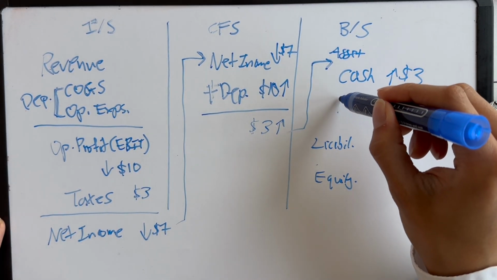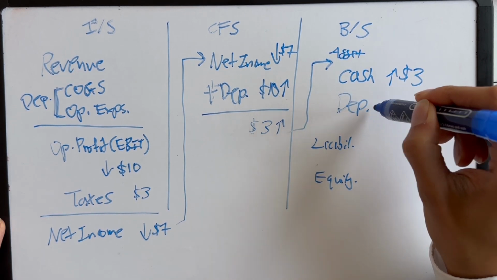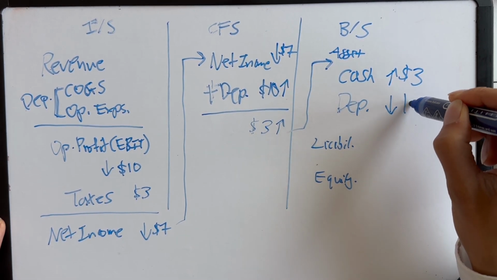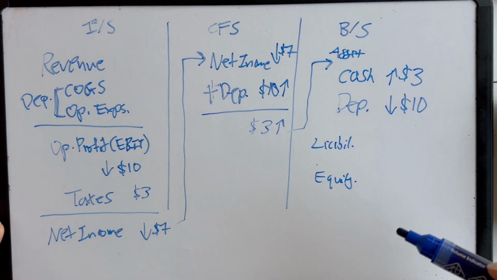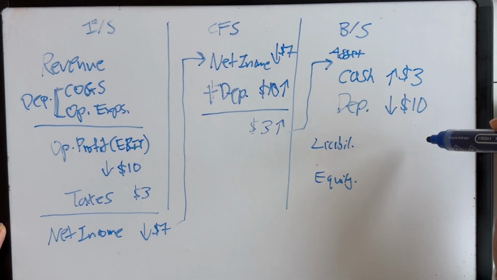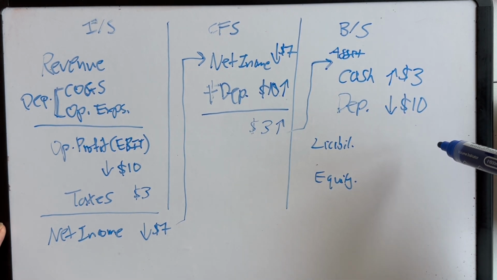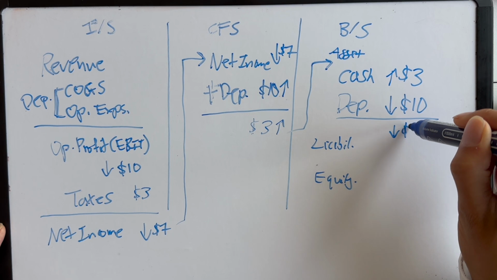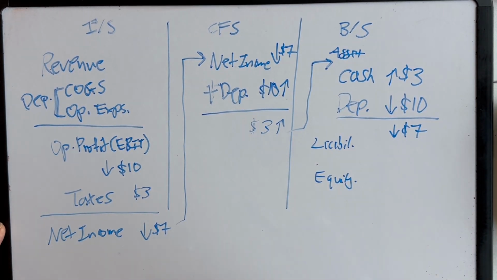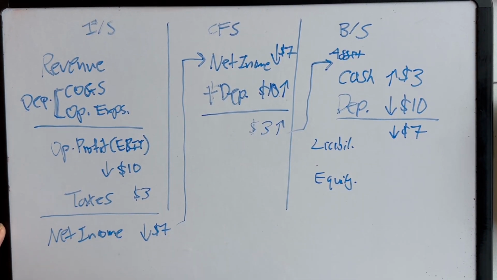So on the asset side of the balance sheet, we take depreciation and that goes down by $10 just by definition of the problem that we're trying to solve here. So cash is going up, depreciation is going down, and so the asset side of your balance sheet is down by $7. Now remember, we have to make sure the balance sheet balances.